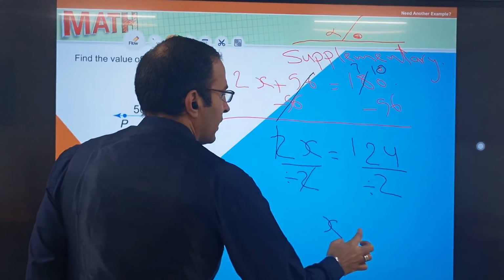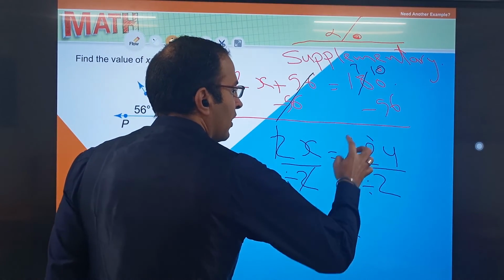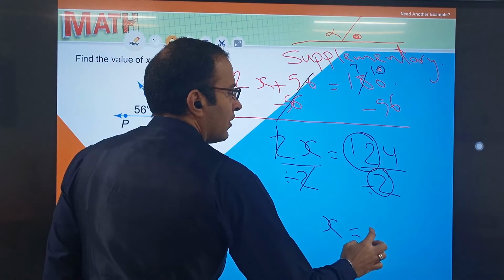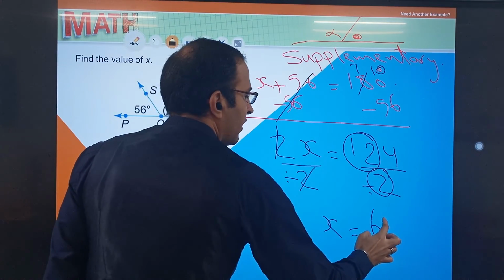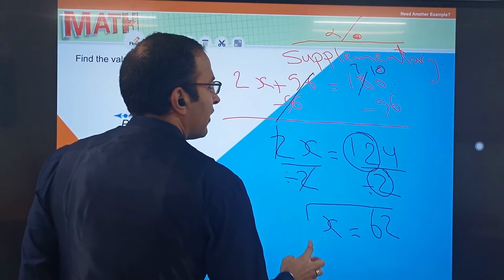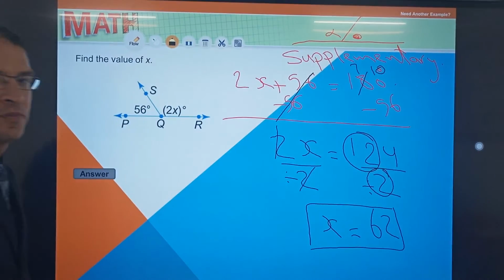So x is equal to 12 divided by 2, which equals 6. 4 divided by 2 equals 2, and you can divide this one using a calculator.